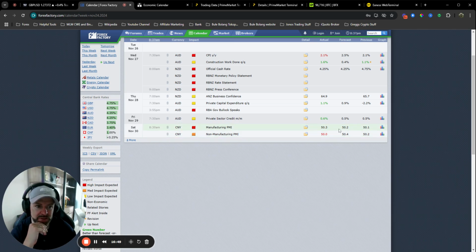China manufacturing PMI is now up. Now, this is important. Manufacturing PMI has increased. Non-manufacturing PMI, now look, if you look here, it was 50.2, now it's 50.0, and it's red. People that don't know how to interpret this will think, oh, that's bearish. No, it's actually bullish, okay?